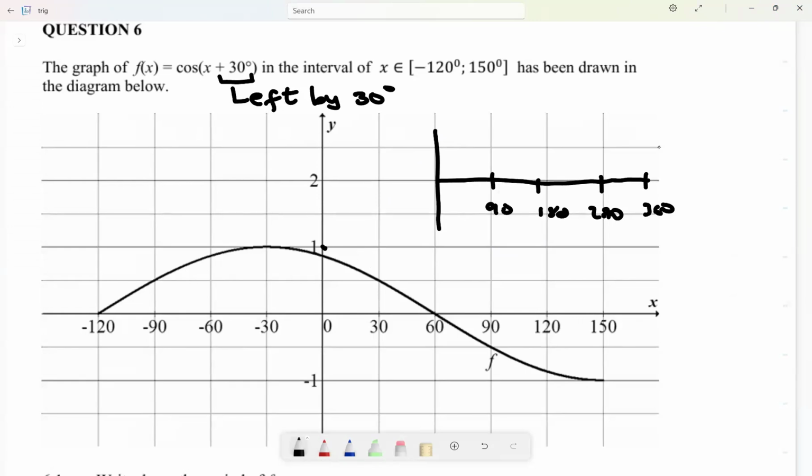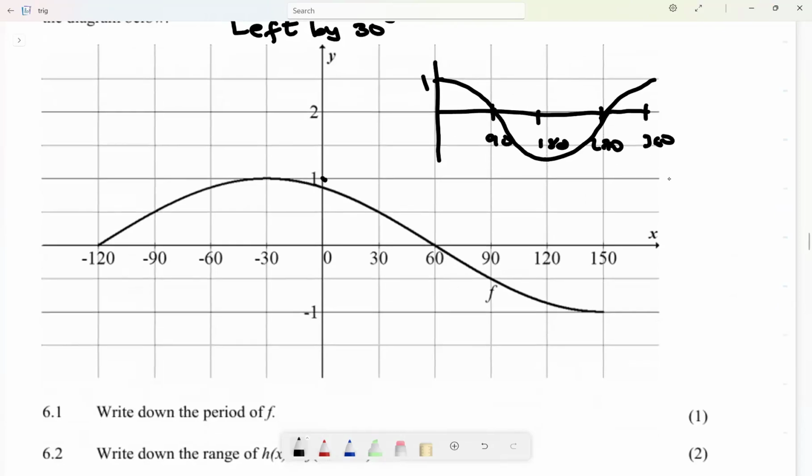The normal cos graph starts at 1, cuts at 90, has its turning point at 180, then cuts at 270 and continues at 360 like this. So I want us to try to draw that. It's supposed to have a turning point at 180 there, which we do not have on our graph.